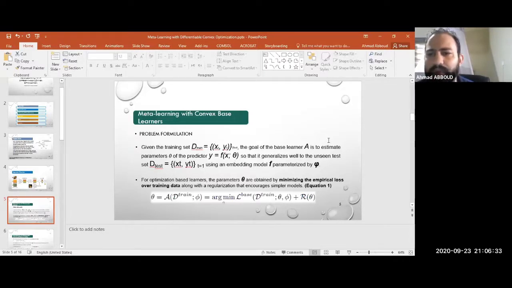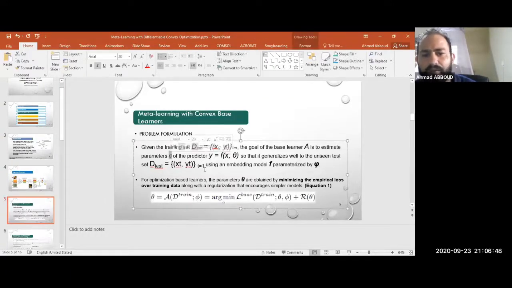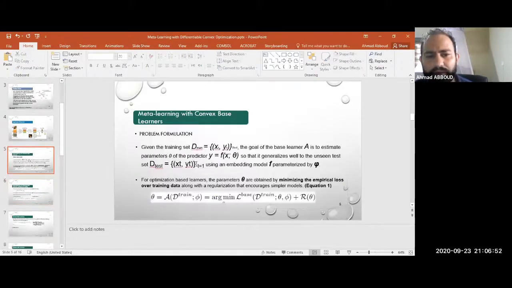For example, the goal is to learn a base learner A, where in this case we have to estimate the parameter theta of the predictor Y. Of course, we have the test set, which is different from the training set, however it is from the same distribution, using an embedding model F parameterized by phi.